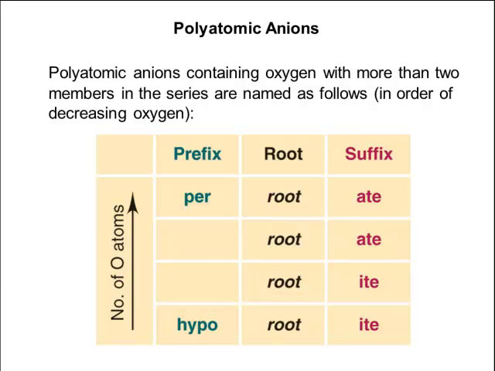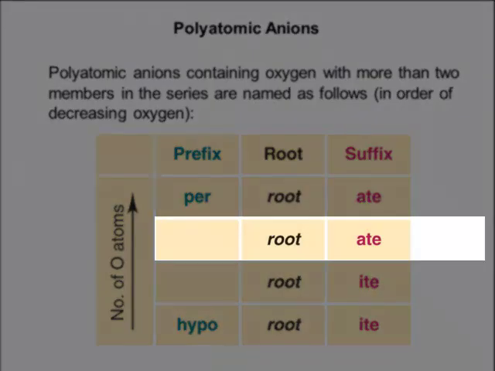All right, so let's look at some of these rules for these polyatomic anions. If we have polyatomic anions that contain oxygen, and they have more than 2 members in a series, we're going to use this prefix and suffix style of naming, right? And this is where I said if you know the -ate form. If we look at the root -ate form, that's the initial starting point.